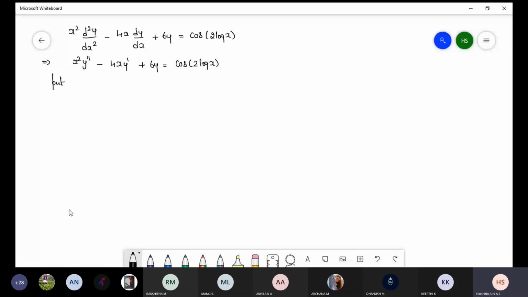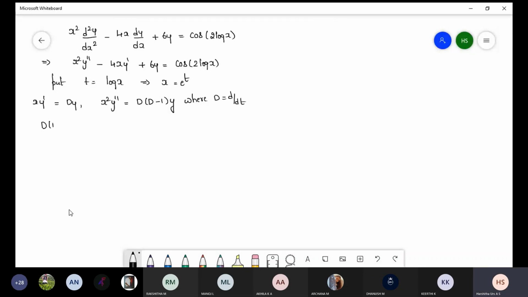Put t is equal to log x, that implies x is equal to e power t. Again x y dash is equal to Dy, x square y double dash is equal to D into D minus 1 into y, where D is equal to d by dt.